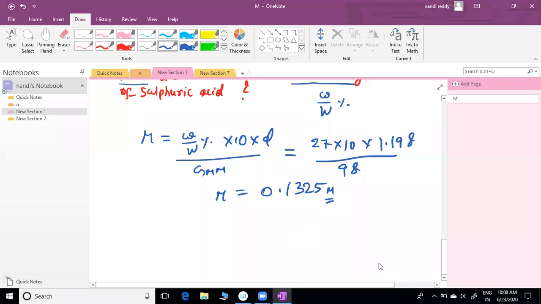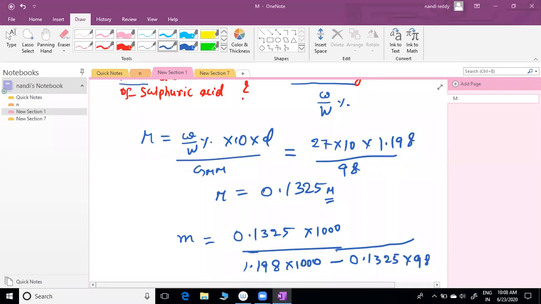I hope by solving this you won't get any negative value. Please check it. Are we getting any negative value here?